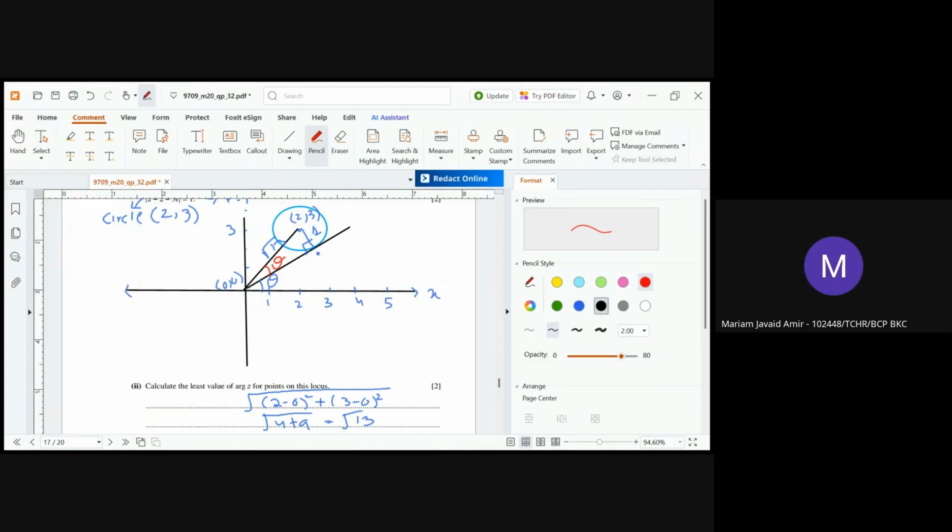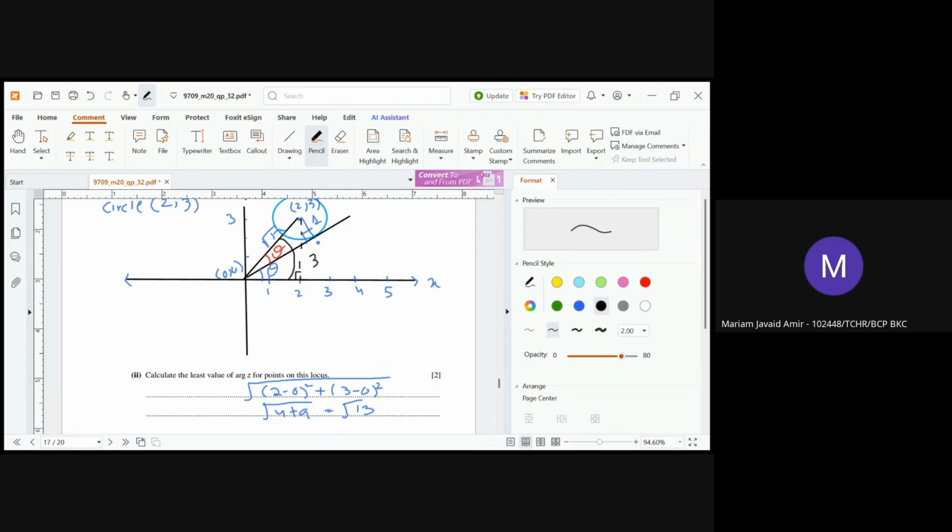We would then find this full angle. This can also be found because this length is 3 units, and this is a right angle as well. So there we have 3 and we also have root 13 on the same triangle. So we're going to find this full angle and then subtract the red angle from it to get our desired value. Okay, so let's find the black angle first.